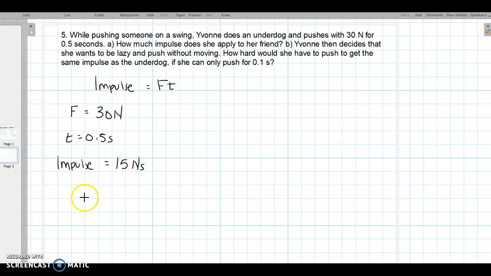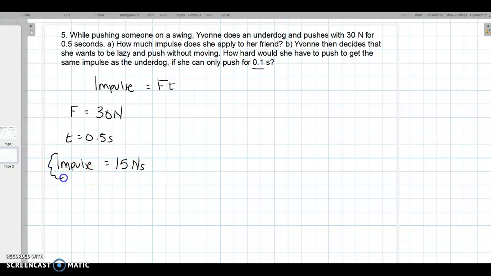Okay, so now for part B. Yvonne then decides that she wants to be lazy. She no longer wants to do the silly little underdog thing. She just wants to sit down and push the kid on the swing and not even apply that much time to it. So our new time is 0.1 seconds. She's no longer doing the underdog thing, but she wants to match the impulse.